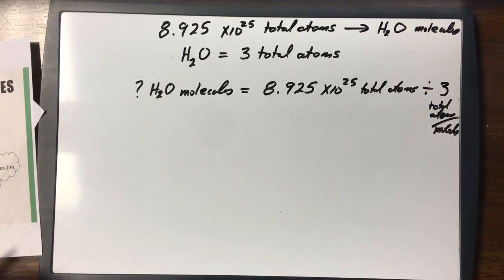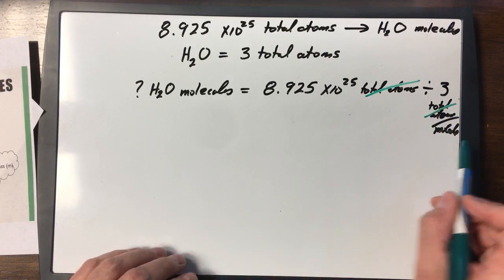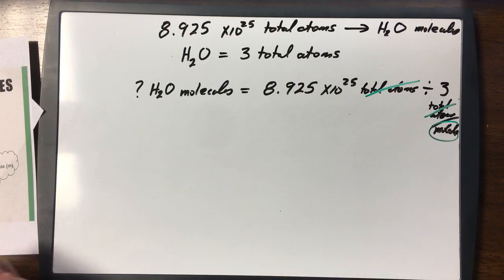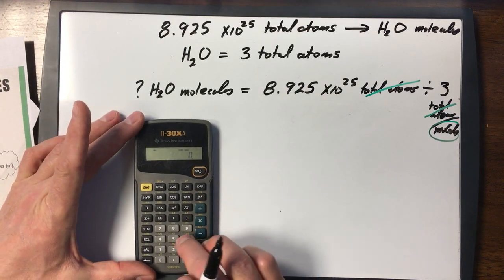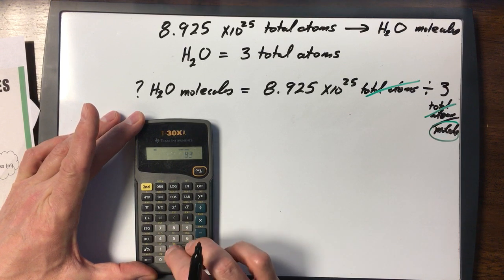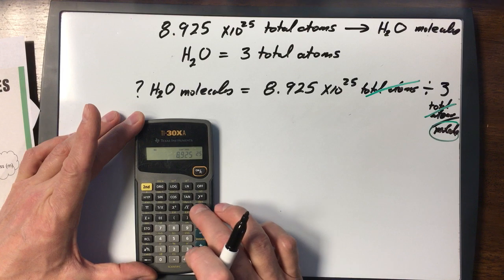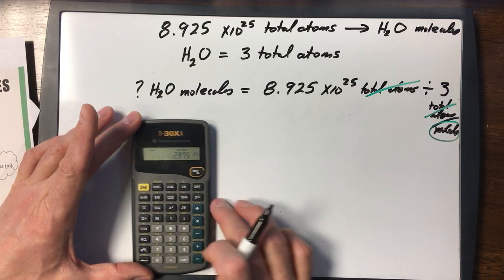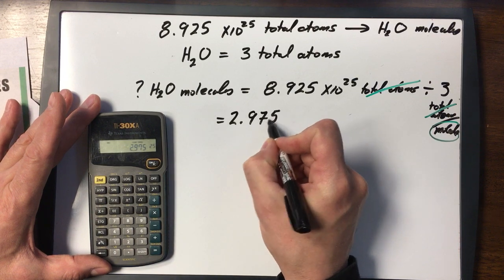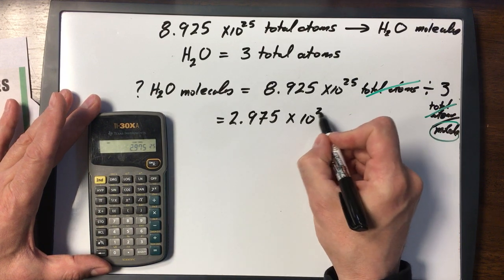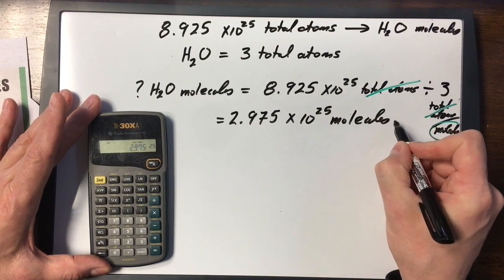I can't write all of this in here. Once again, the total atoms are going to be canceling out, and we're going to be left with molecules as our final unit. So we're going to take our calculator once again. We're going to put 8.925 times 10 to the power of 25. We're going to divide that by 3, and we're going to get 2.975 times 10 to the power of 25 molecules of water.